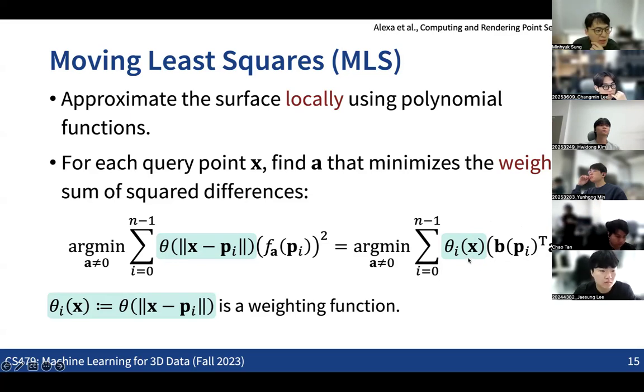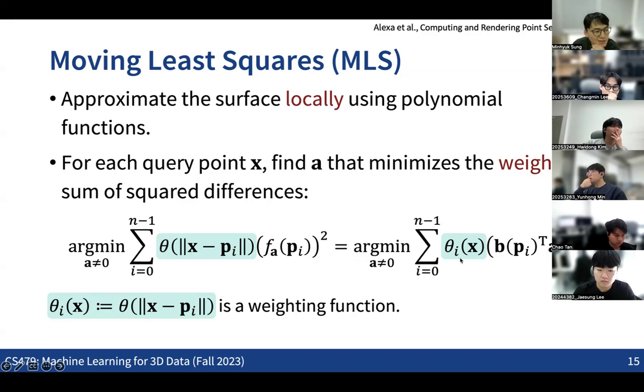So given this information for the weights and the polynomial terms, the question is how we can find the best parameter A, which is the coefficients defining the polynomial function, while minimizing this weighted least squares. That's the basic idea, right?